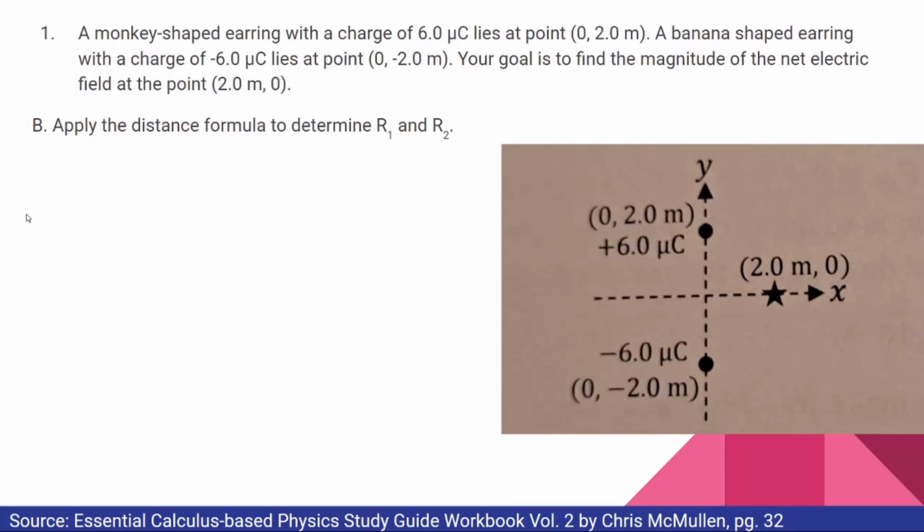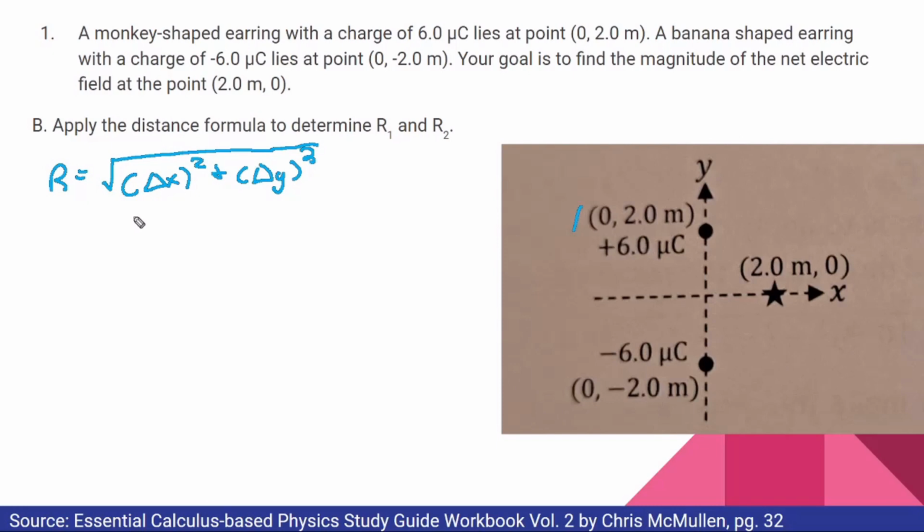Alright, remember that the distance formula R is equal to the square root of the change in x squared plus the change in y squared. Let's start with 1.